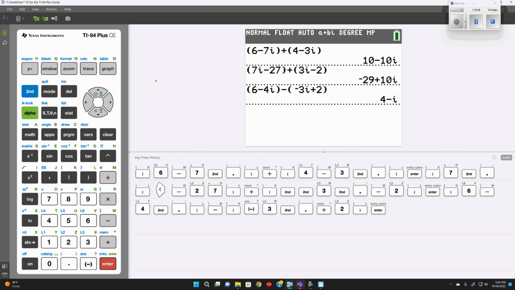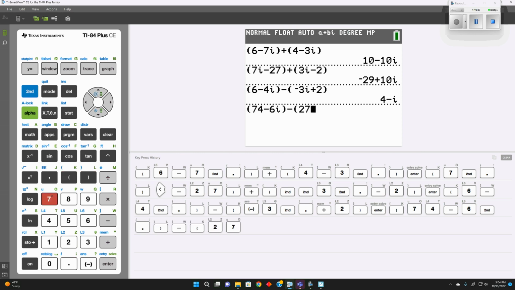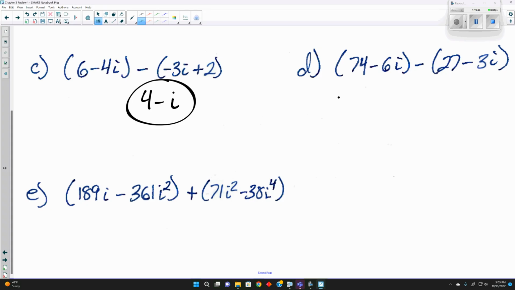If we look at the next one, (74 minus 6i) minus (27 minus 3I), enter. We get our answer, 47 minus 3I. And that's it.